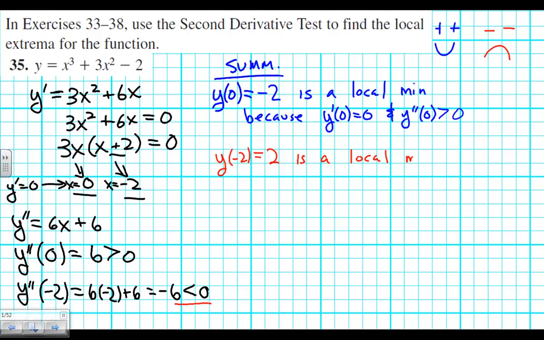That means it must be a local maximum, because y prime at negative 2 is equal to 0, and y double prime of negative 2 is less than 0.